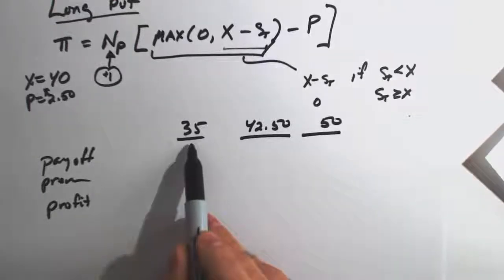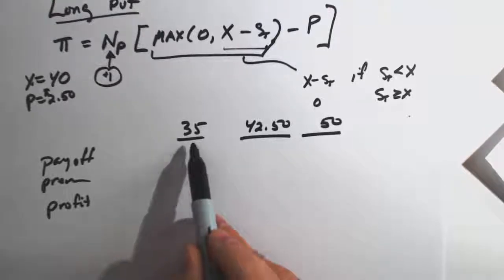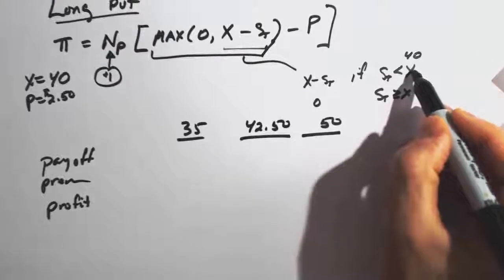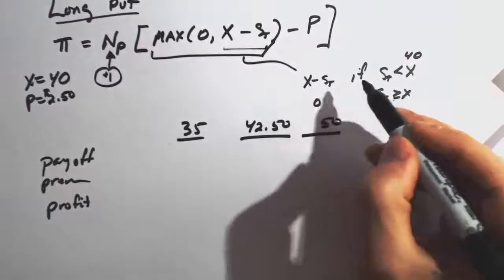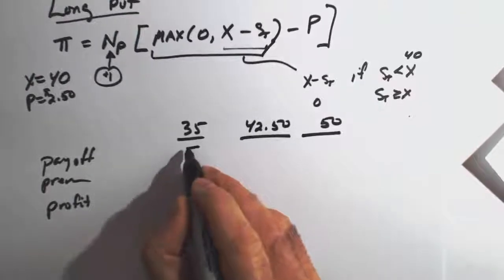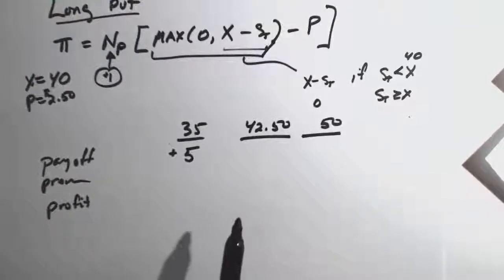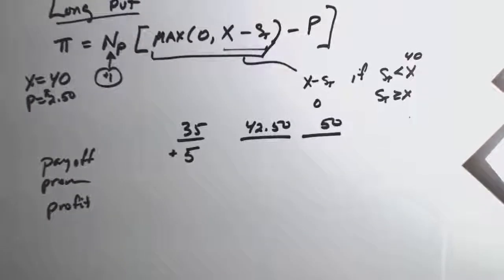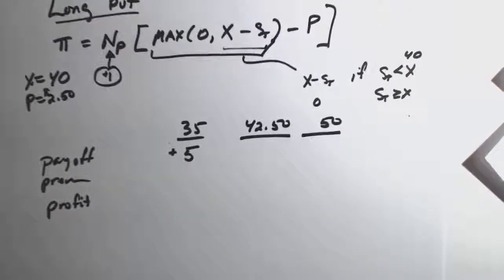Now, at a stock price at expiration of 35, well, 35 is less than this $40 strike here. So the payoff is going to be 40 minus 35. It's going to be $5 positive. You're quite happy. I mean, think about it. You buy a put, you expect the stock to go down. You darn well better make money when the stock goes down, or you have a contradiction.